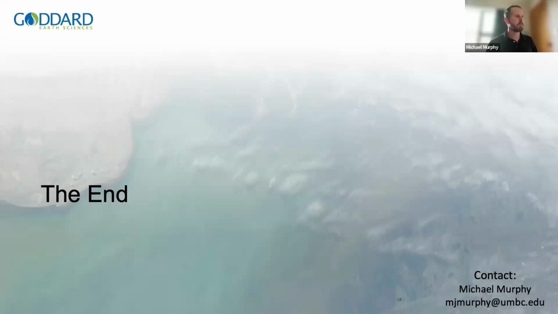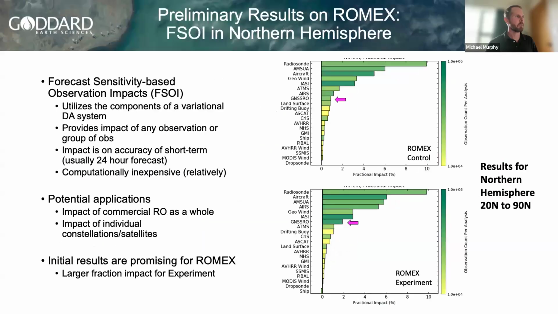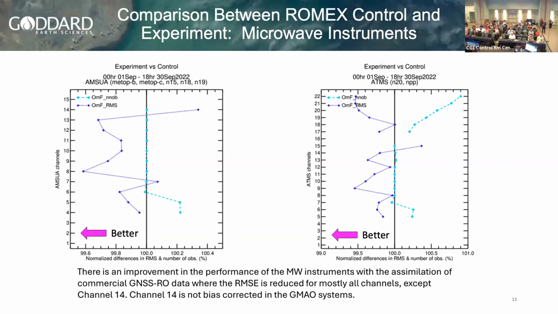Both parts, but for ROMEX, you showed verification generally better against AMSU. Right. Yeah. But did you compare to either some other analysis or to radiosondes? Yeah, these are results really just hot off the press, and I didn't do the radiosonde comparison yet. Went straight to AMSU-A and ATMS.